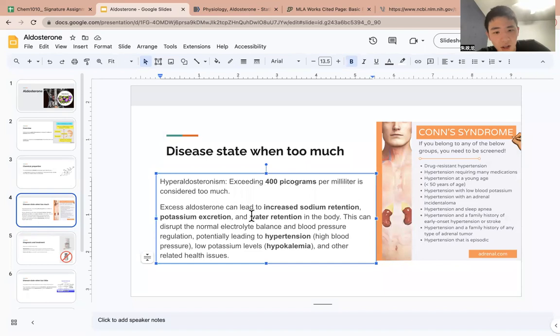And the excessive aldosterone can lead to increased sodium retention, potassium excretion, and water retention in the body. This can disrupt the normal electrolyte balance and blood pressure regulation, potentially leading to hypertension, another word for high blood pressure, low potassium levels, another word for hypokalemia, and other related health issues.